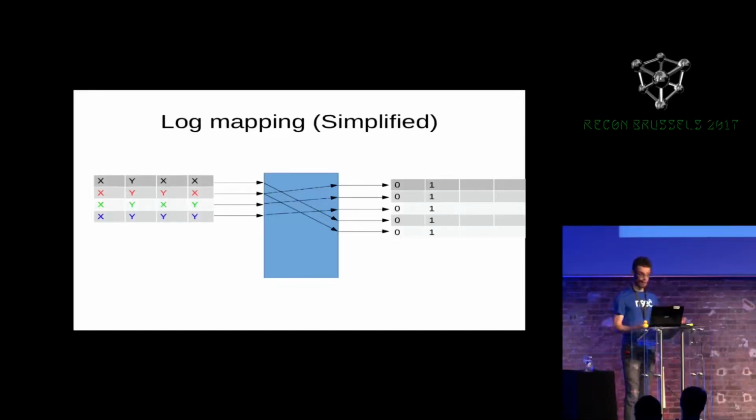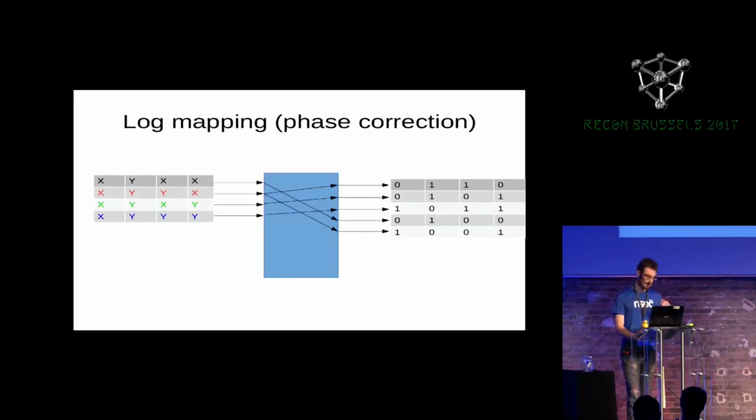So it has two values, X and Y, and so we change these values to try to match them outside. So the next one is with phase correction.